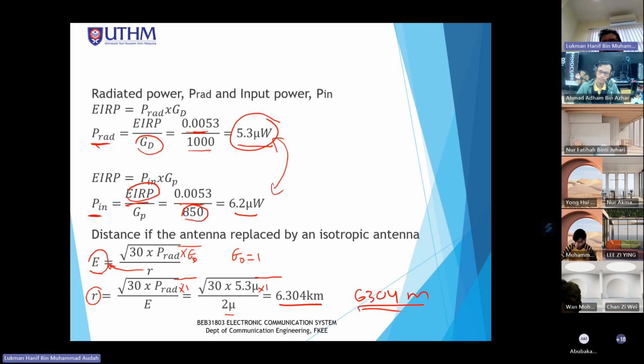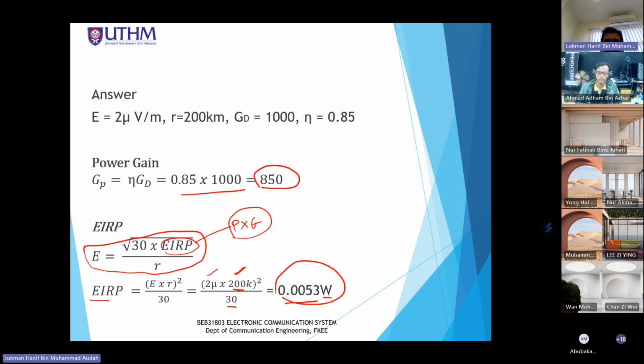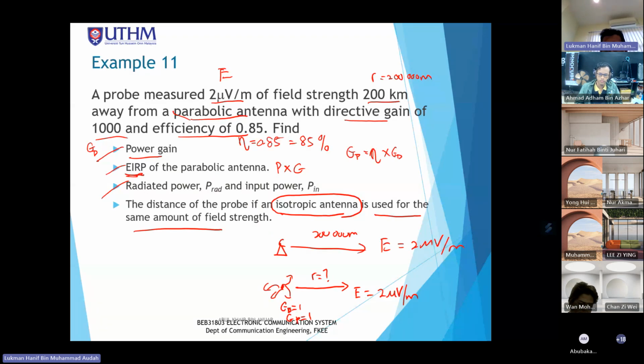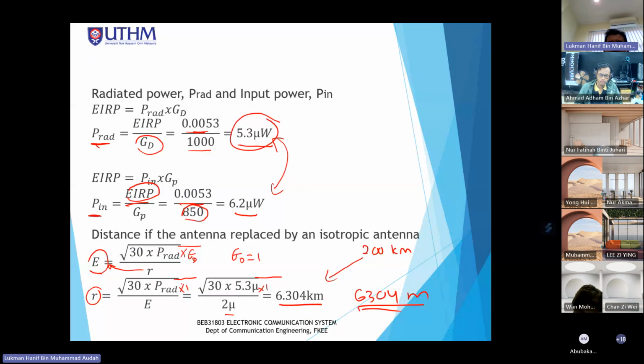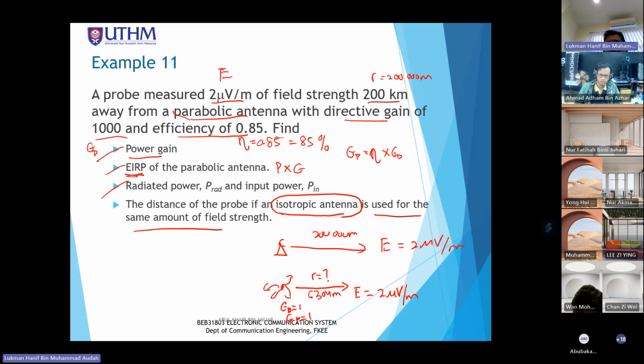So that means the distance is much shorter. If we use a real antenna, we can reach up to 200 kilometer, but now it becomes only 6.3 kilometer, 6,304 meter, to achieve the same electric field.